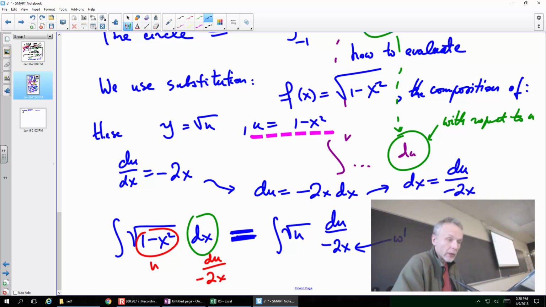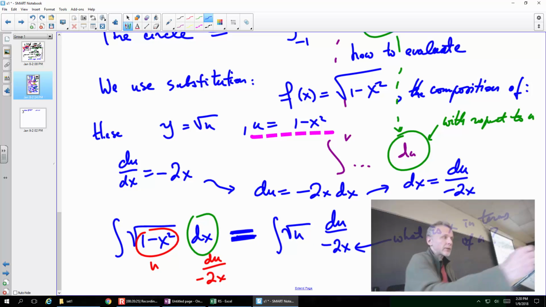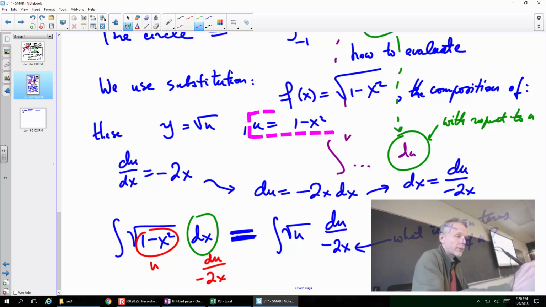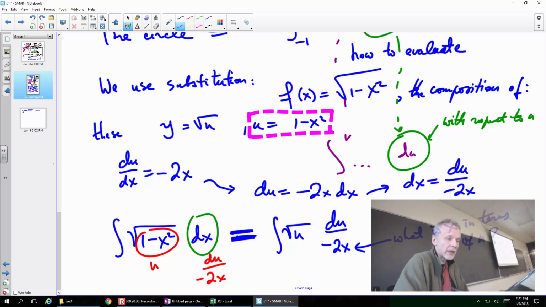And so what is x in terms of u? Fortunately, once again, we have this taken care of. At least u is expressed in terms of x, and we can certainly do vice versa. And so the conclusion then is, what is x from that little equation?